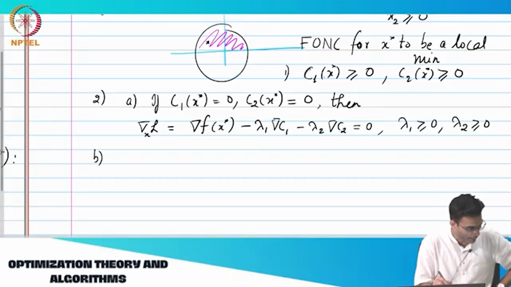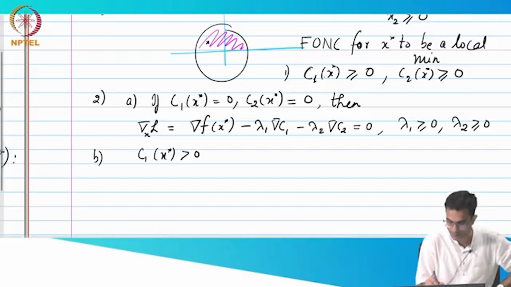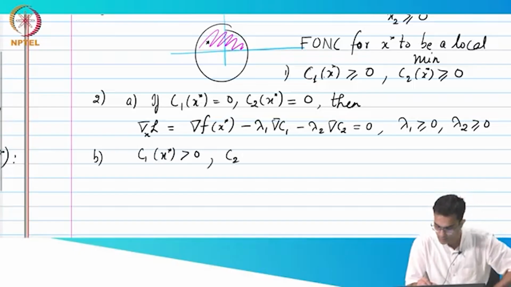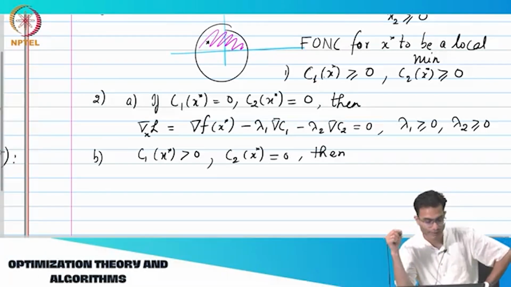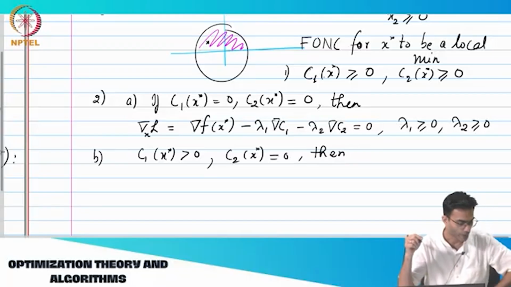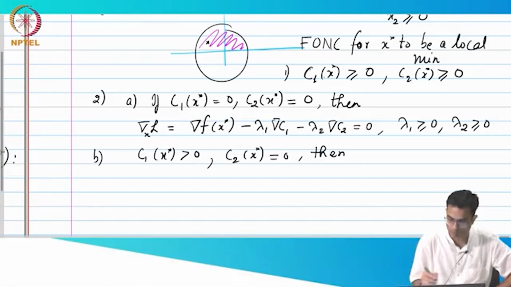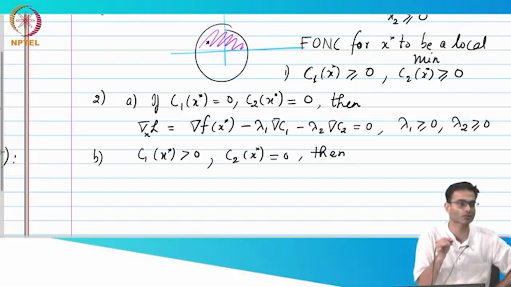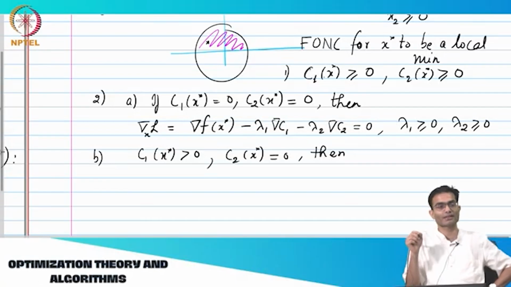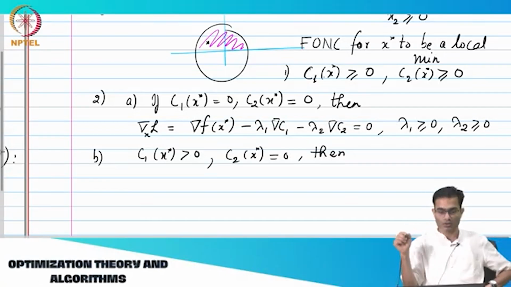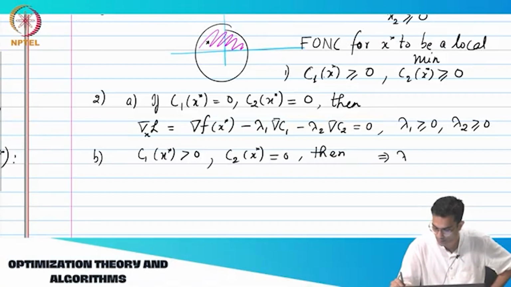What if I had case B where C1 x star is strictly greater than 0, C2 x star is equal to 0? Then what should I have to verify? If C2 x star equal to 0, gradient of Lagrangian has to be 0 anyways, right? But if C1 x star is strictly greater than 0, what does that say about lambda 1?